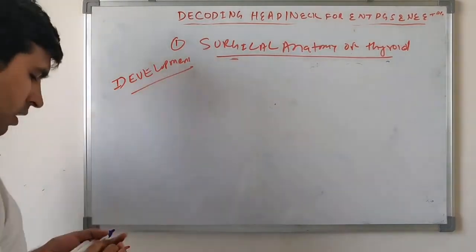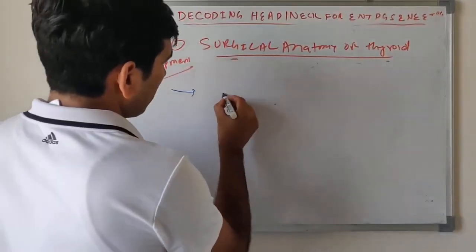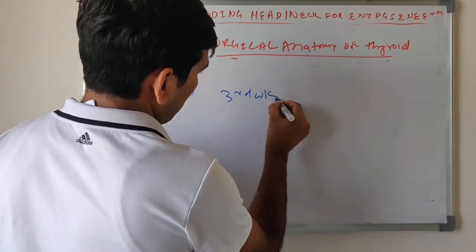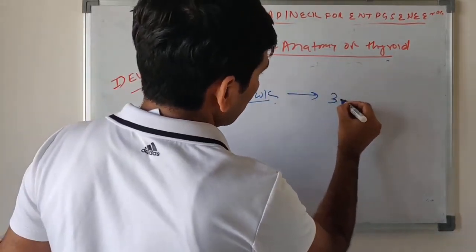Development of the thyroid gland. It starts developing at the third week and completes at the third month.